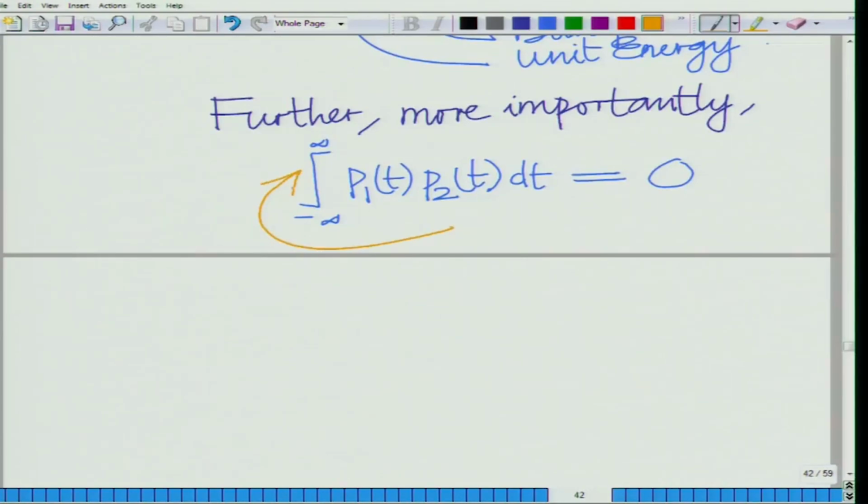That is, both the pulses are orthogonal. So, what we are saying is that there are two pulses, each pulse has unit energy, and both pulses are orthogonal. If you look at the inner product of these two pulses, the inner product is 0.